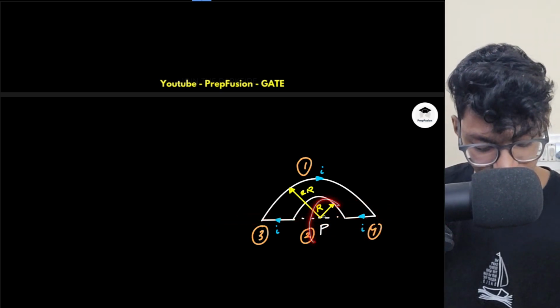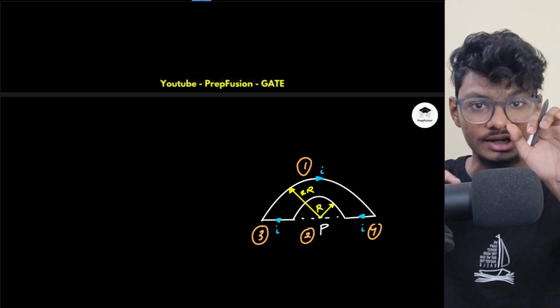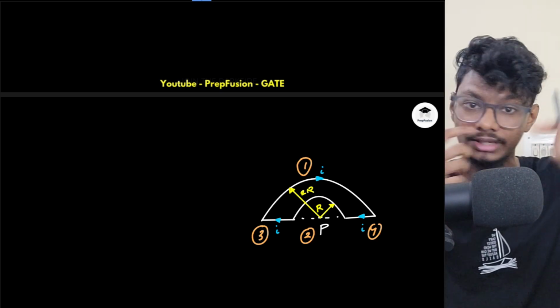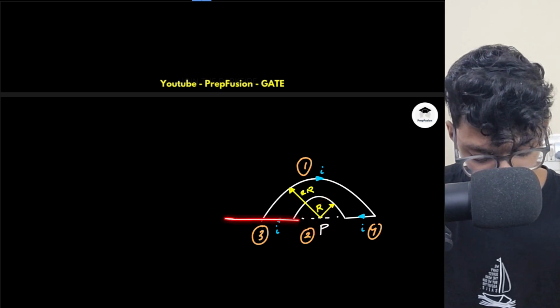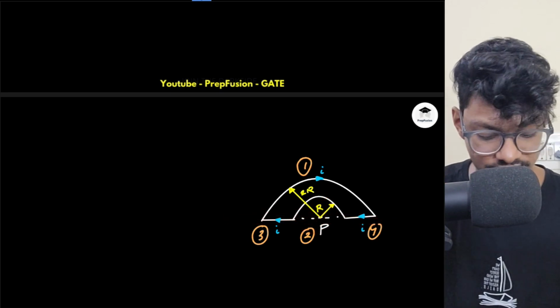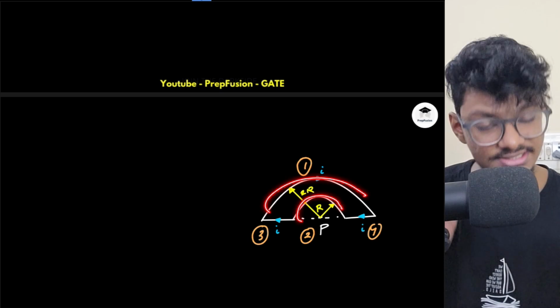Again, the direction at the top of P will be going inwards, and the direction at the bottom of P will be coming outwards towards me, but exactly at P there will not be any magnetic field. So the magnetic field here due to these 2 segments will be 0, but this and this have some magnetic field.